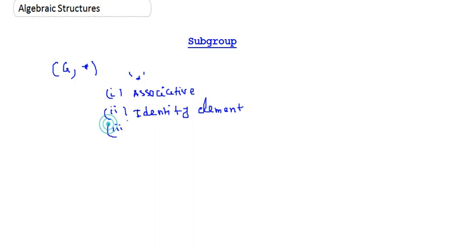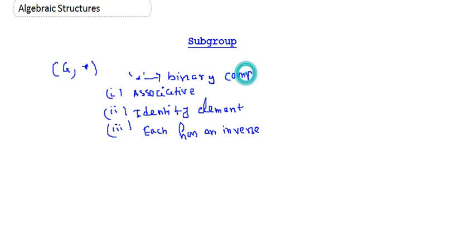And the third one is that each element has an inverse. If G with a binary composition satisfies these three properties, then we call the set with this composition a group.